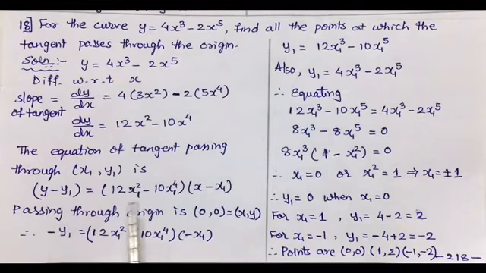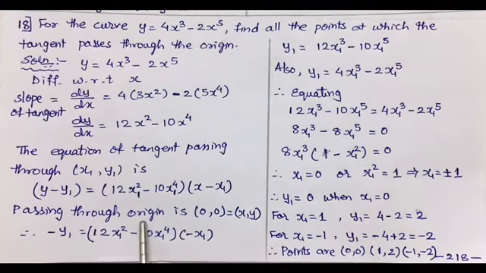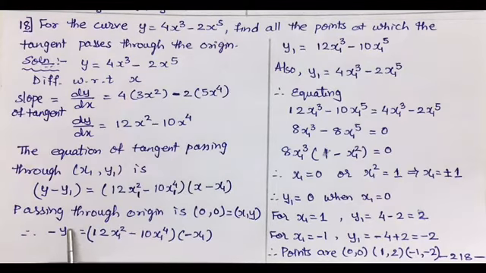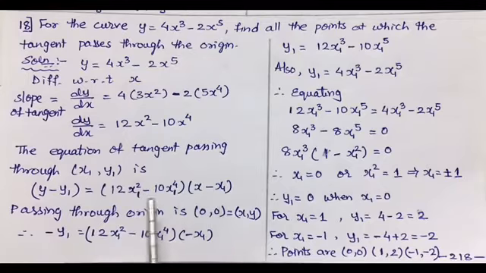Now this particular tangent is passing through the origin, as in the question it is already given. So passing through the origin means the value of x and y becomes 0, 0. So this value 0, 0 will not be substituted in x1 or y1.